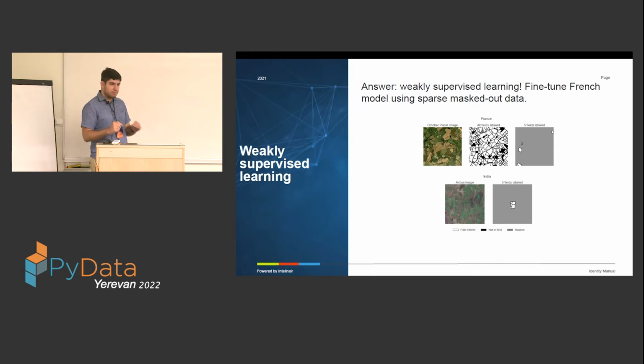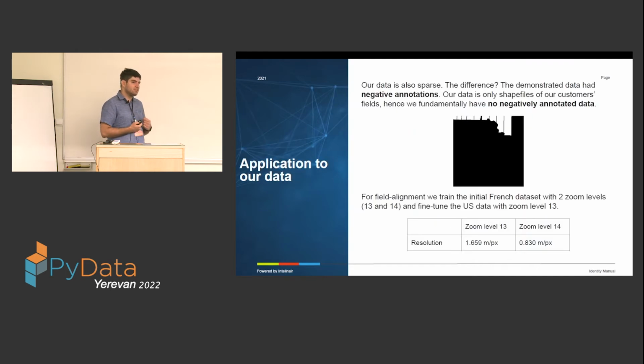Even though it's mostly masked out, the parts that are annotated have some negative annotations. In our case, we only have the fields of our customers. So fundamentally, we don't have any negative annotations. If we take the annotations that we do have and mask out the rest, we're basically going to have 100% positively annotated data. So this is a key point, and this is a problem, but regardless, we're going to try this approach, and we're going to try to mitigate this later.